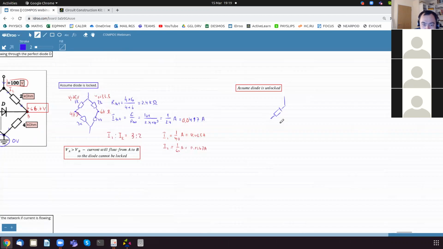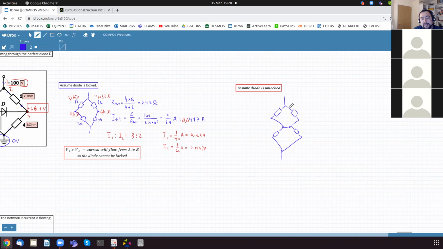Now you need to understand that the circuit is going to be like this. So this is like a single point.